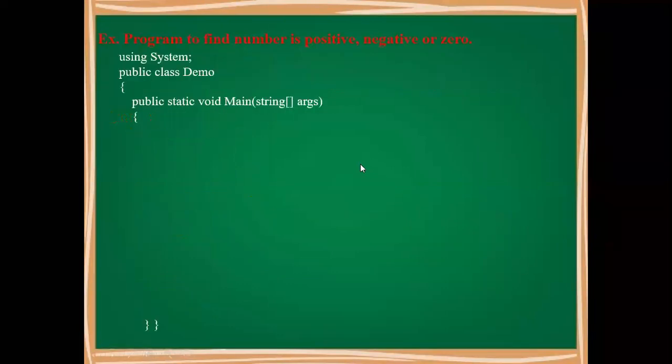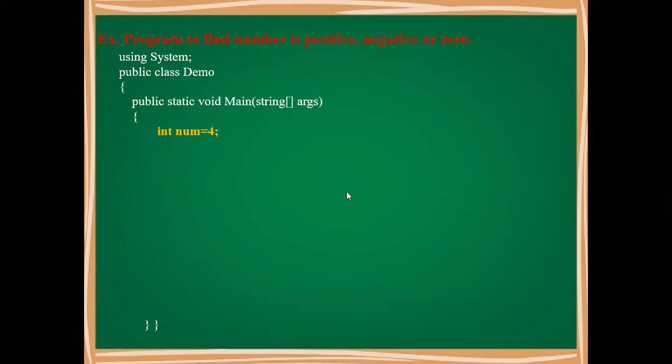Let us take the example. We are going to see the program to find out whether a number is positive, negative, or 0 with the same construct.